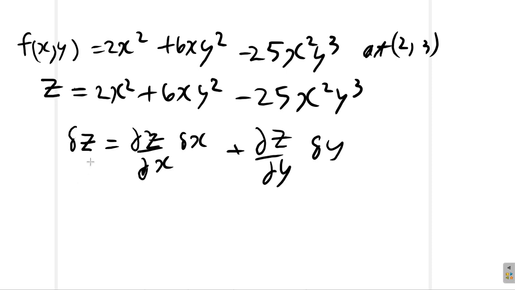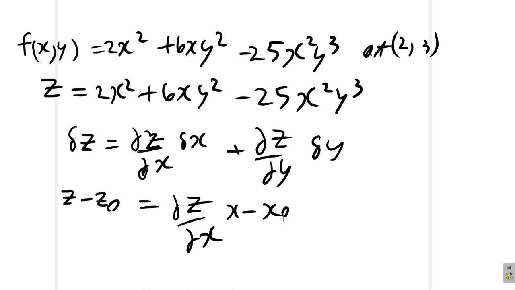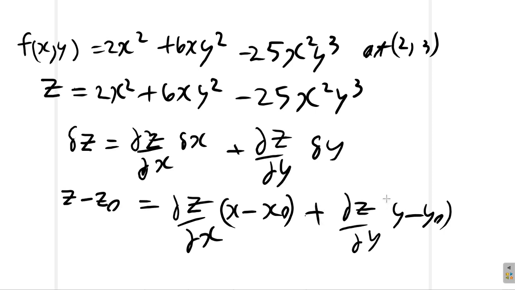Now let's consider that small change to be x minus the point at which you have 2, 3. So z minus z naught is equal to partial of z with respect to x, x minus x naught, plus partial of z with respect to y, y minus y naught. Alright, so you see that.